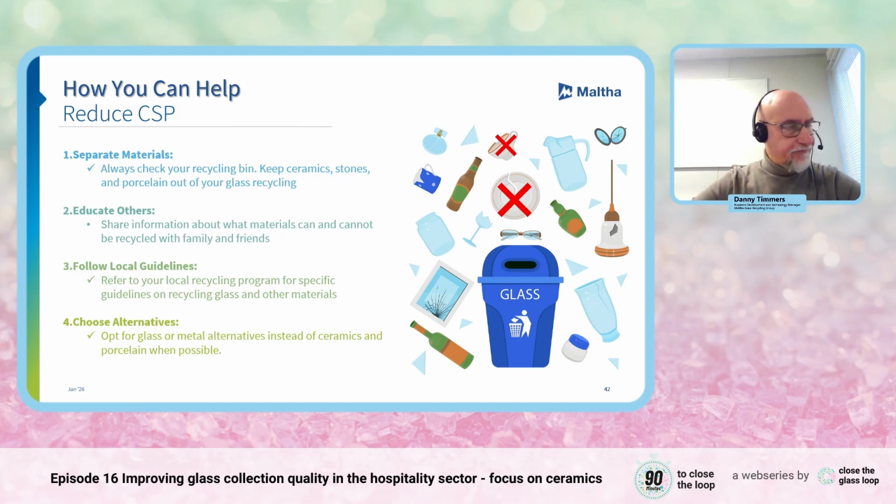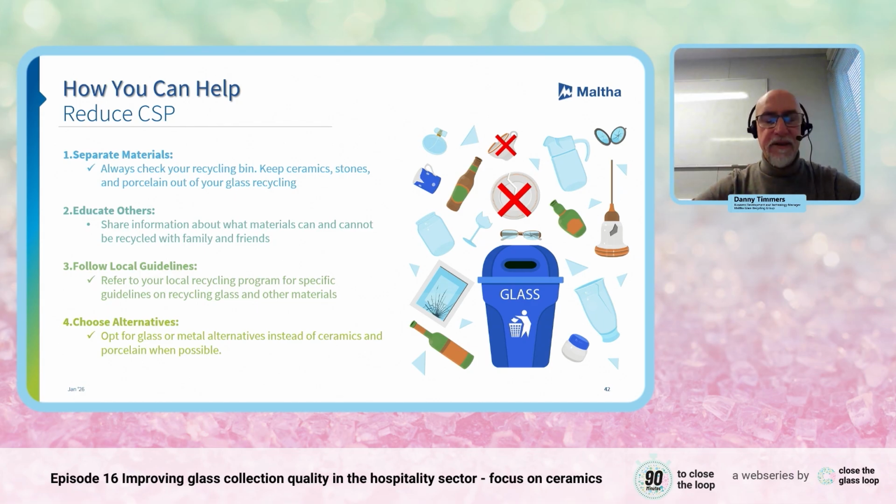The next slide is how can you help us? And with you, I mean everybody listening to this and everyone you're going to share this information with. I think first of all, individually, look at where you put your glass and where you put your ceramics. You saw two explanations now from the glass furnace and the recyclers that you really need to separate this.